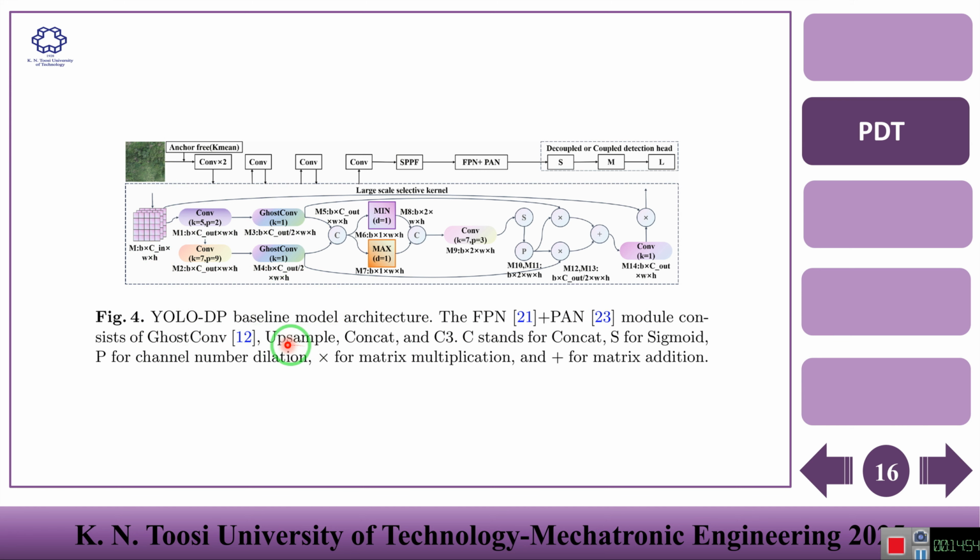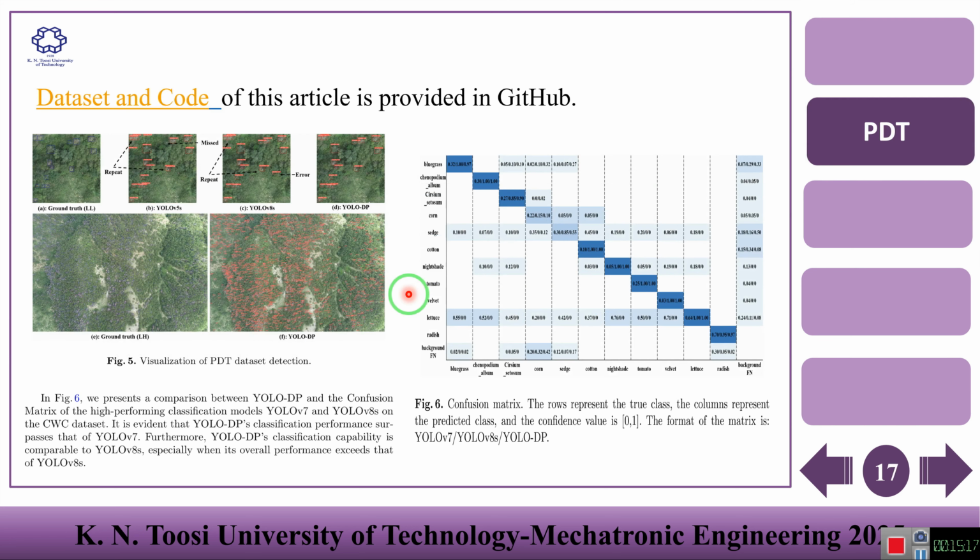And then we have upsampling, which can be considered as a decoder, and at the end we have sigmoid for doing the classification for us, so that it can say whether the images include a healthy tree or not. And the dataset and code can be accessed through GitHub.